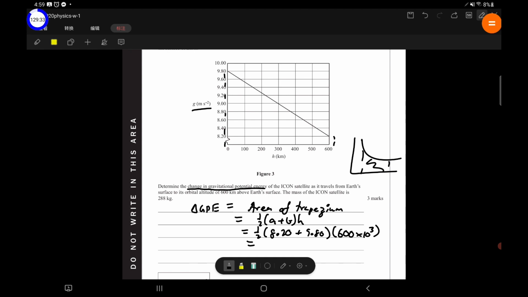All right, so subbing in these values into our calculator, we get 5.4 times 10 to the power of 6.